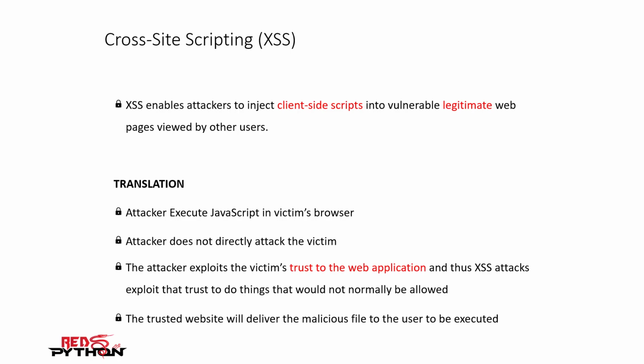So what does that mean? The attackers don't try to attack you directly, right? They exploit your trust in a web application that you use, and they might send you some crafted links. They might insert some harmful code in the database of the application that you're trusting, and the attack starts from there.